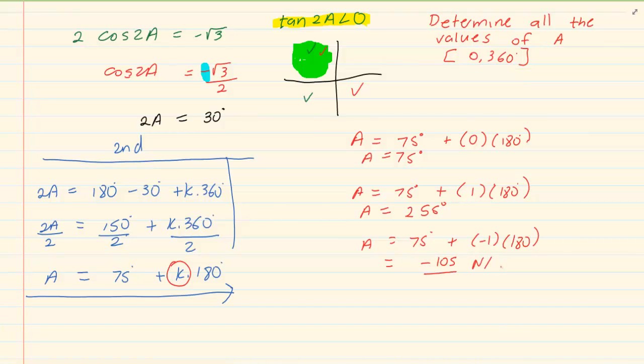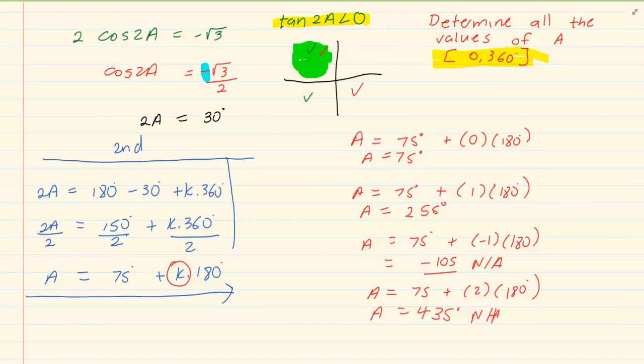Can you see this would not be accepted because our limit is between 0 and 360. So once you know minus 1 is not going to work, you don't continue at minus 2, minus 3, they stop. But let's try 2. A is equal to 435, but that is not within the restriction.